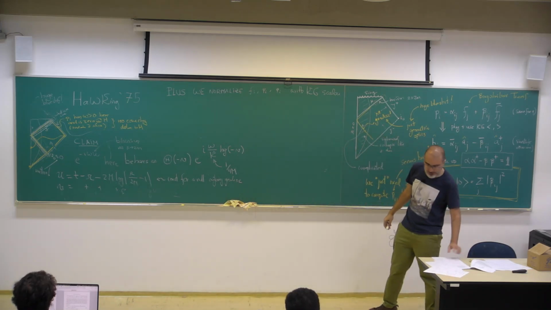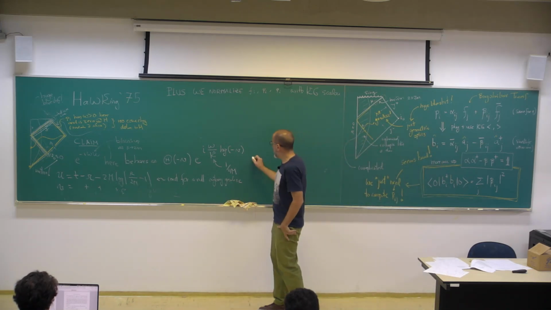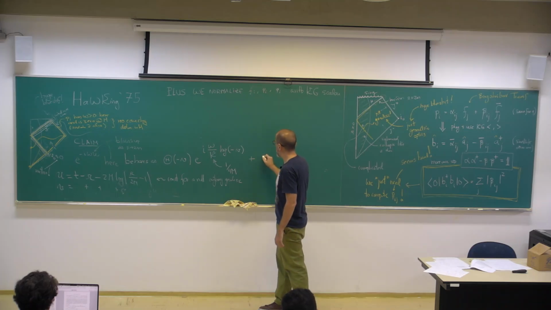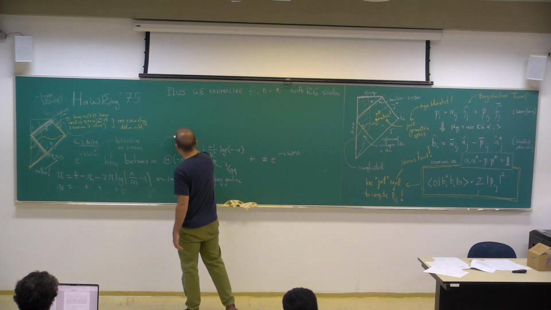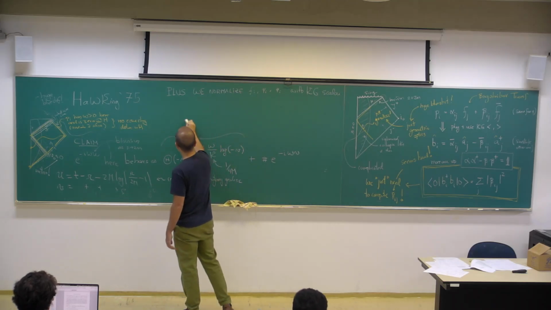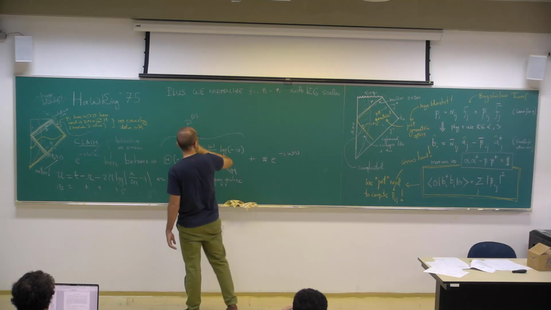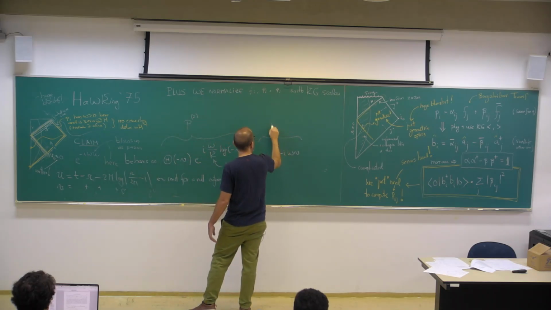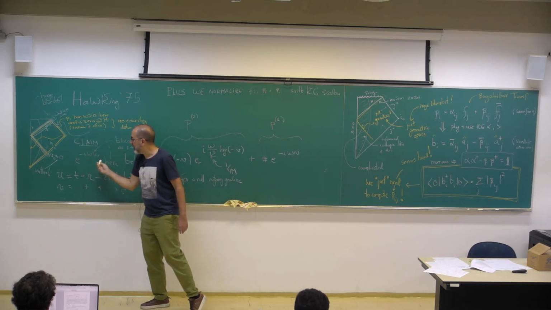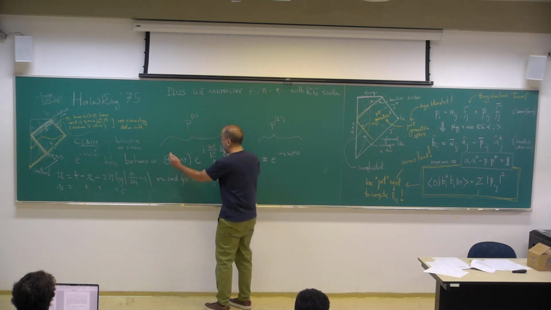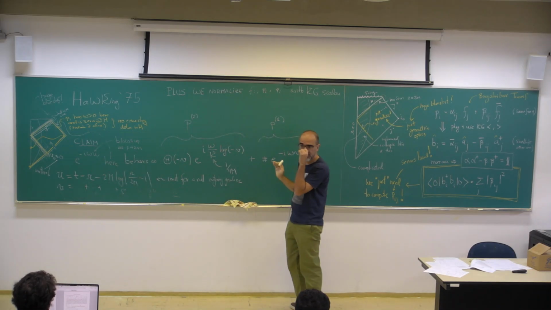Okay, so that's the claim. Plus some constant times e to the minus i omega v. And this stuff we will call the interesting part, P2, and this the boring part, P1. We call it P because we are decomposing a mode P into two parts. One part is this, one part is this.